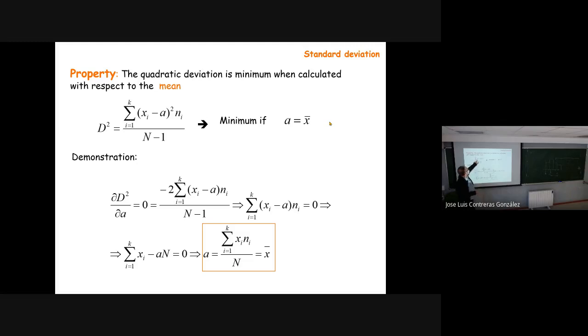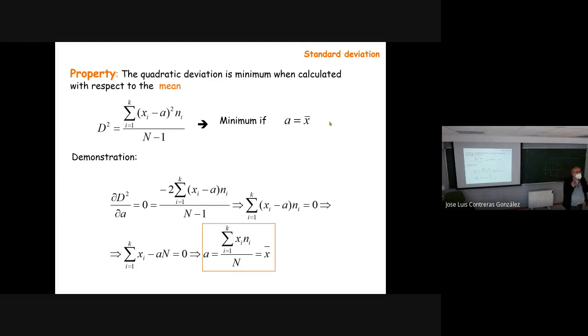You can show that if you want to compute these square deviations with respect to any value a, then you would find that the minimum is when a is equal to the mean. Okay, so somehow your result is biased, because you have computed it using the value which makes it smaller.